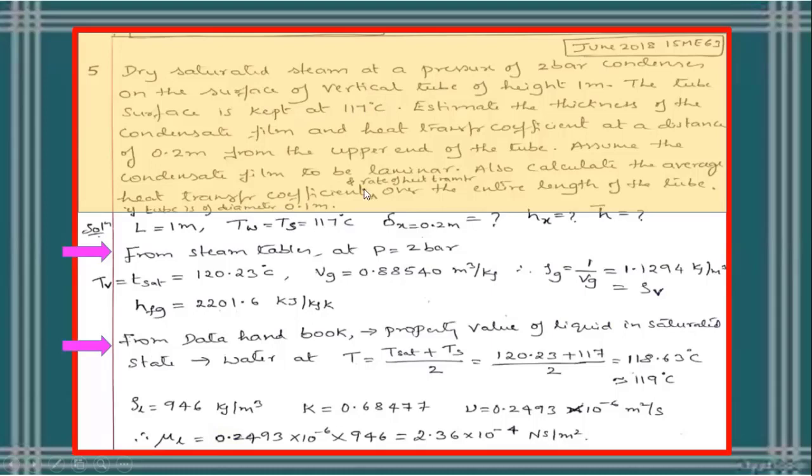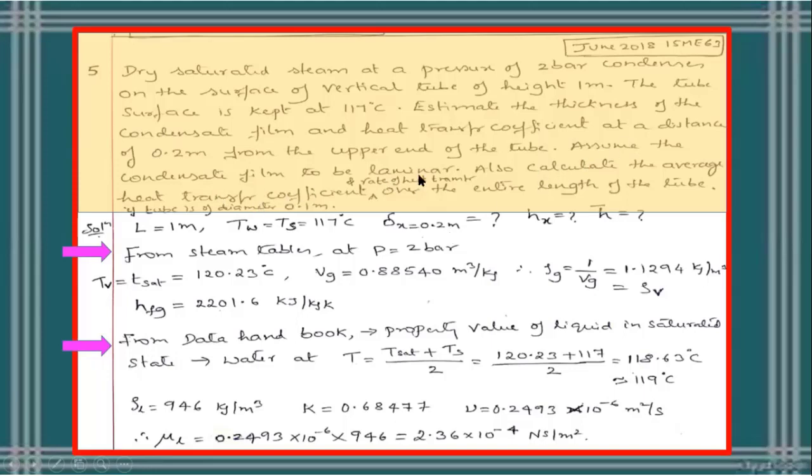Estimate the thickness of the condensate film and the heat transfer coefficient at a distance of 0.2 meter from the surface. That means it is not the length at the end of the plate. It is at a distance of 0.2 meter from the leading edge of the plate or the upper end of the plate. So delta x is equal to 0.2.